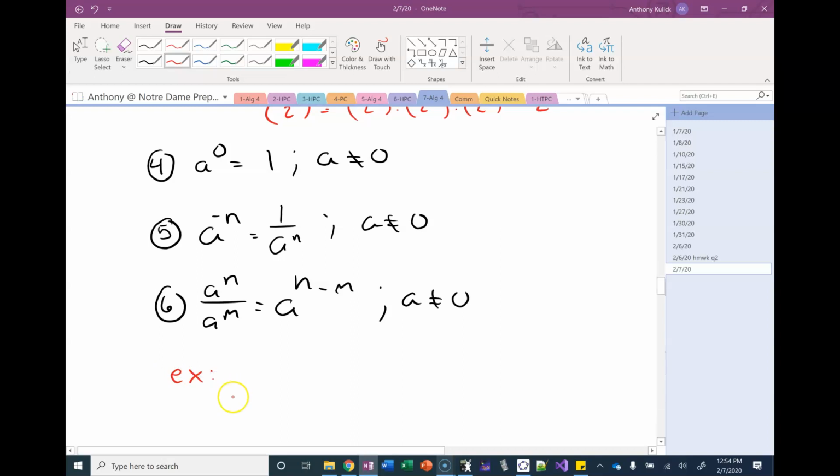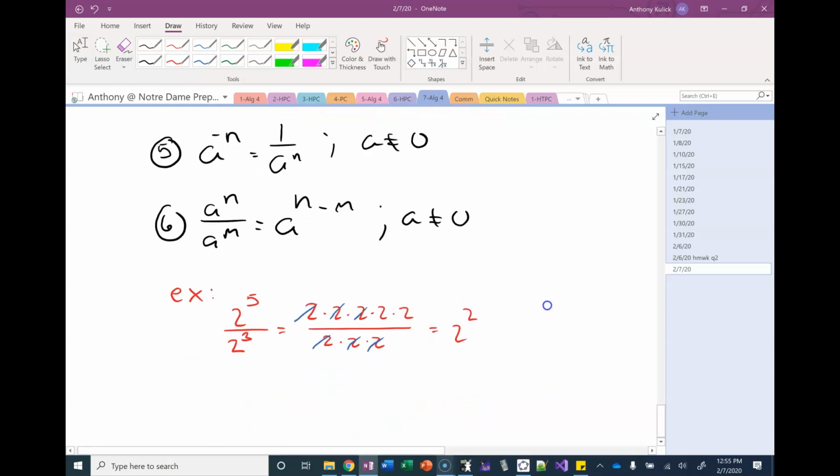So let's look at some examples here. If I have 2 to the 5th over 2 to the 3rd, it's like 5 2s over 3 2s. So I can reduce, and I'm left with just 2 2s. Okay, so that verifies property 6 for me.